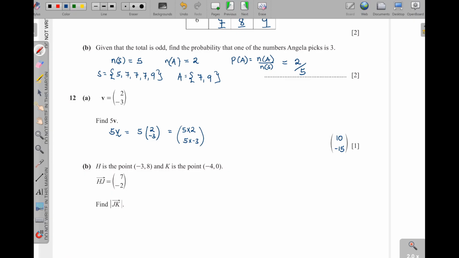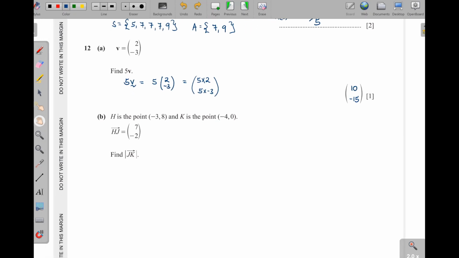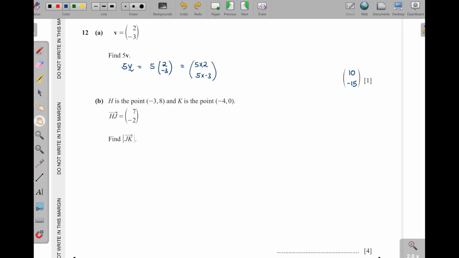15. Then part B, H is this point here, K is this point here, HJ is this one here. Find JK. Okay. Now, when we look at this one here, I'm going to use calculus here, okay?